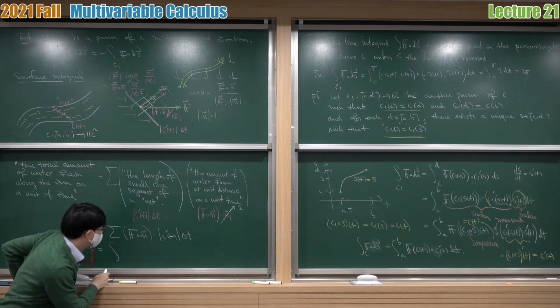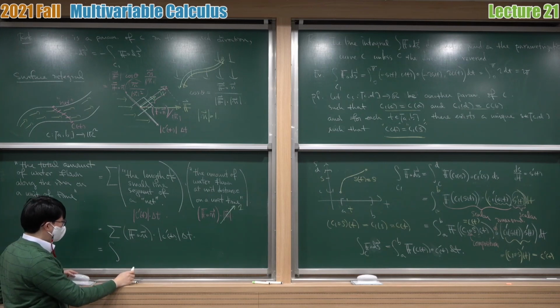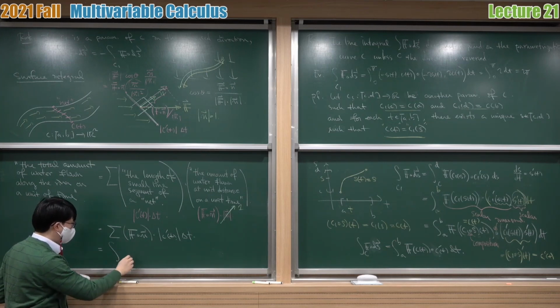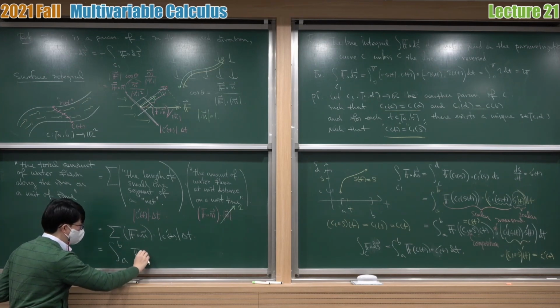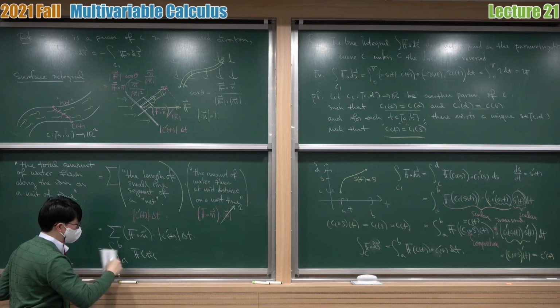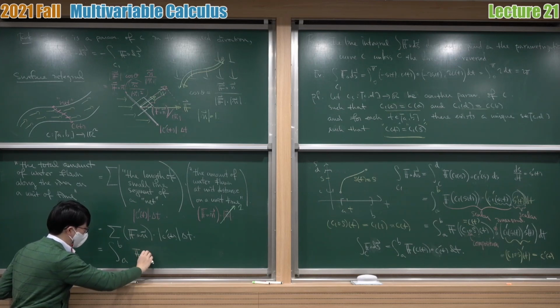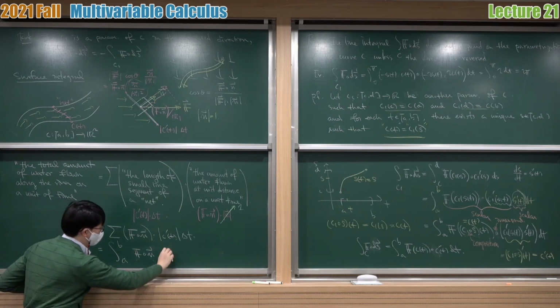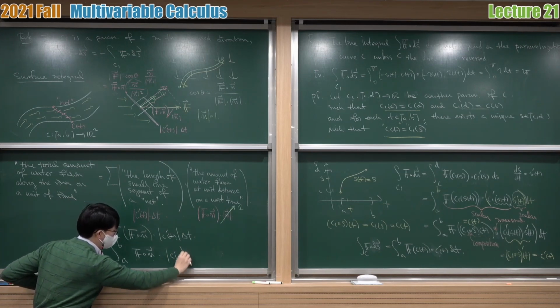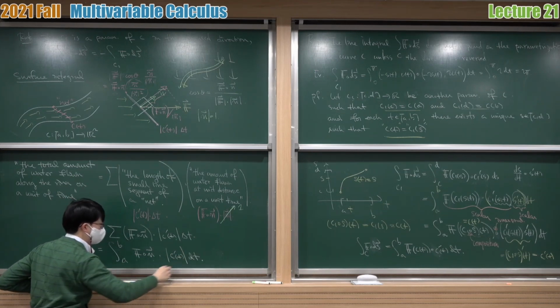Then this is the integration from A to B of F composite n. I'm sorry, it's not composite. I've been confused again. This is the inner product. So F inner product n multiplied with c prime t dt, right?